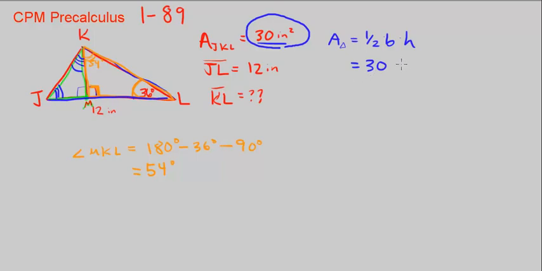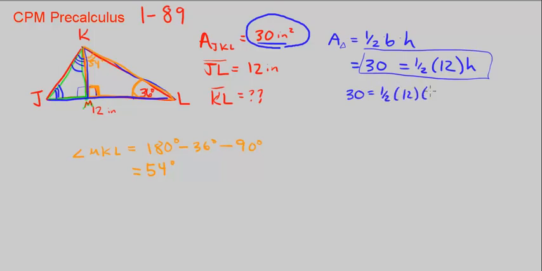If we call the height h, we have 30 equals 1/2 times 12 times h. So 1/2 times 12 is 6. Divide both sides by 6, and we get h is equal to 5. So this height is 5 inches.